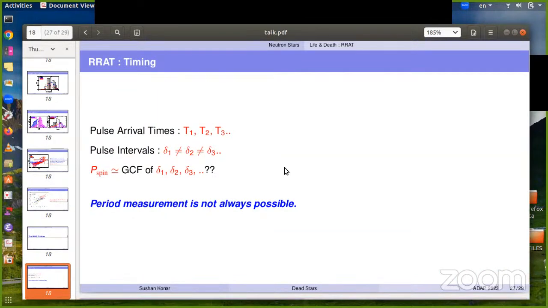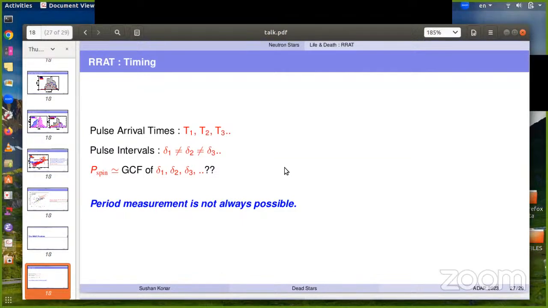Suppose I see a pulse now, and after time t1 I see another pulse. After time t2 I see another pulse. After time t3 I see another pulse.